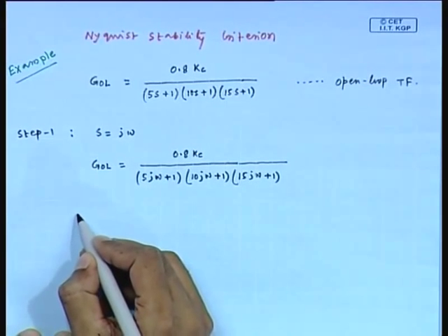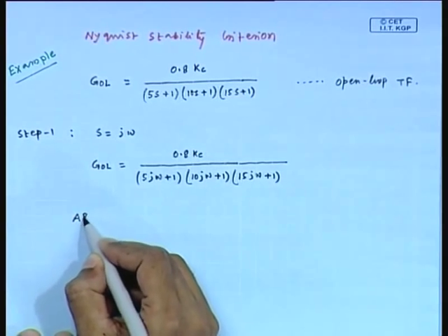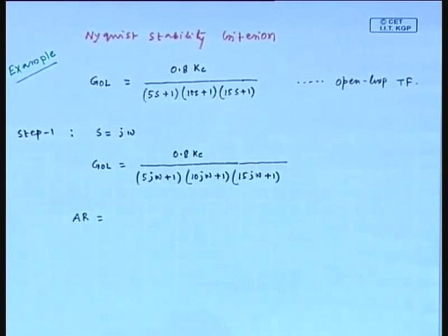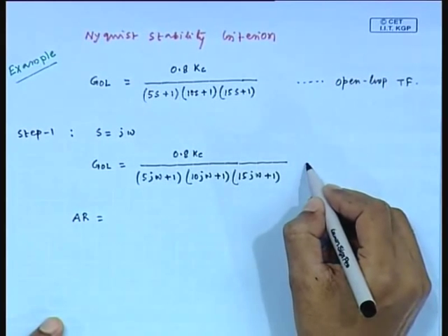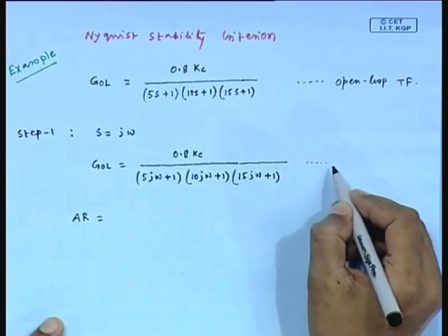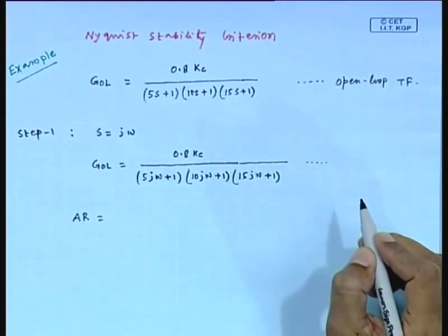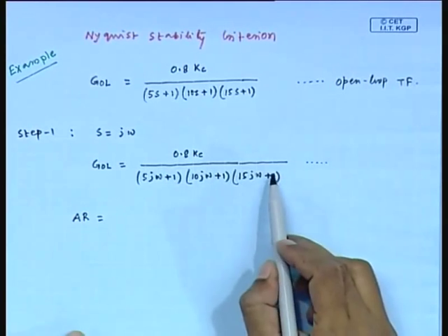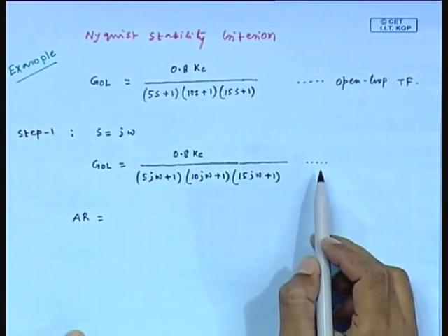Now, we can write the expression for amplitude ratio and phase angle phi. This indicates that the three first order systems are connected in series.